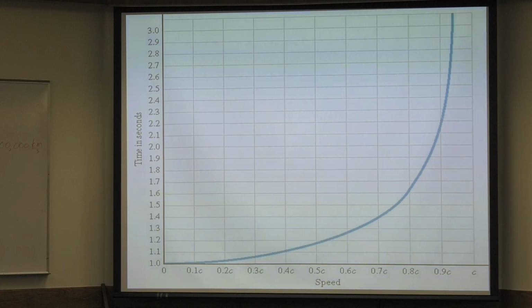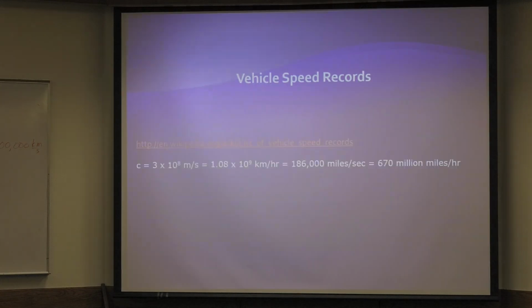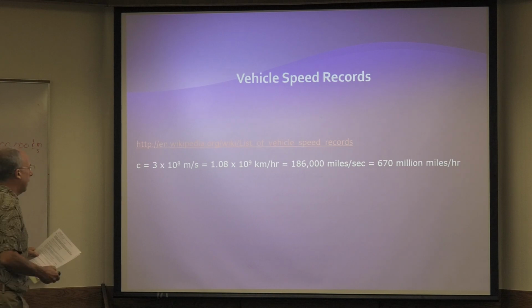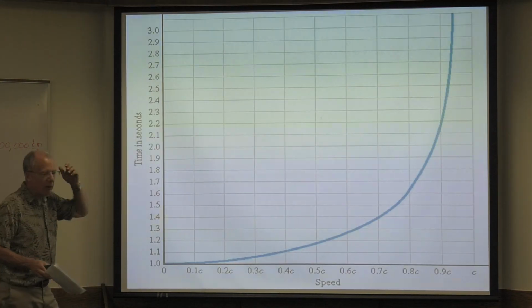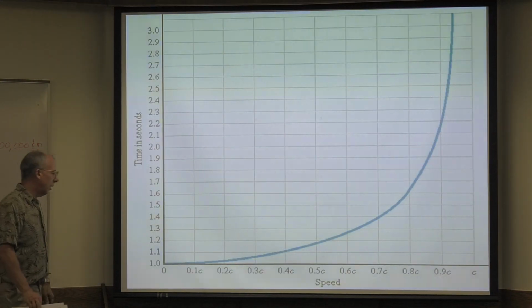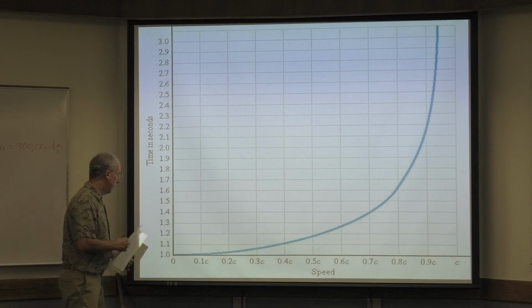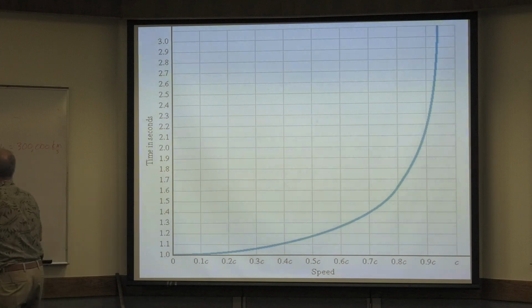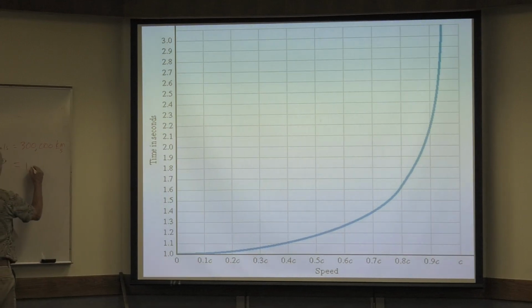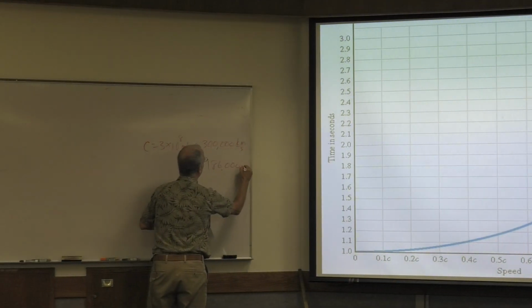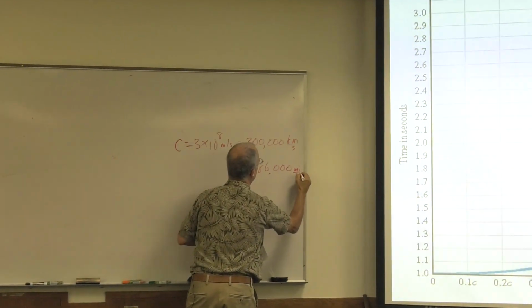People always say, well, how come we don't ever notice this on the Earth? Well, this is 1/10 of the speed of light. The speed of light is 186,000 miles per second.